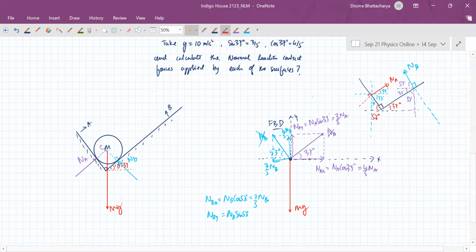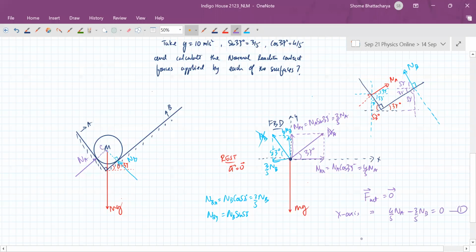So now what is happening is that this object is at rest. That means its acceleration is 0. So the forces should be balancing. So the net force should be equal to 0. So along the x-axis, you can see we have 4/5 NA acting along the positive direction, 3/5 NB acting along the negative direction.